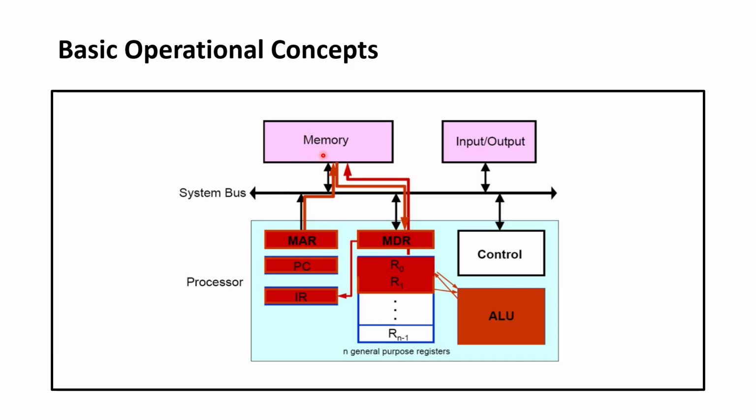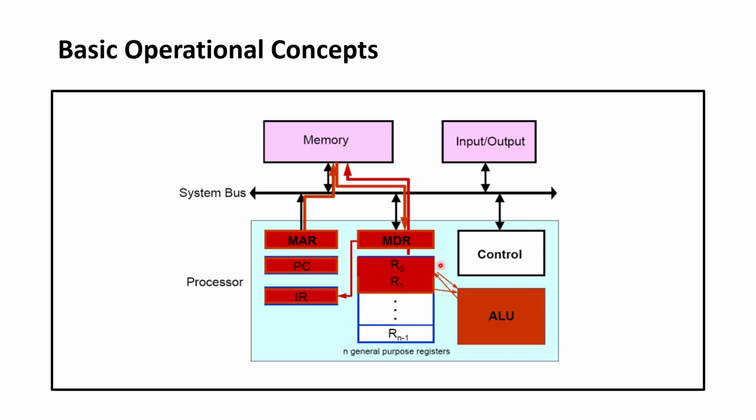The memory responds by placing the instruction at that address into the memory data register. From the memory data register, the instruction is transferred to the instruction register, where it is decoded by the control unit. Once decoded, the processor moves to the execution phase.